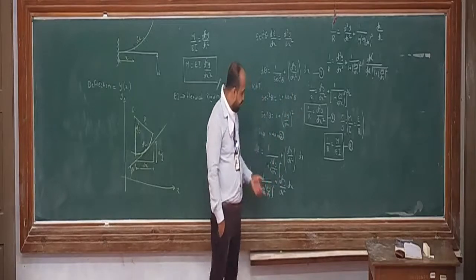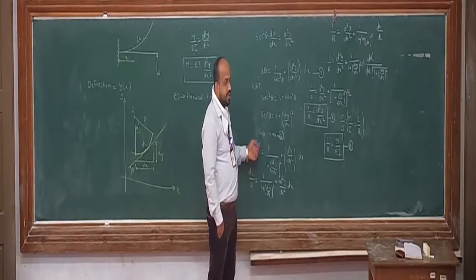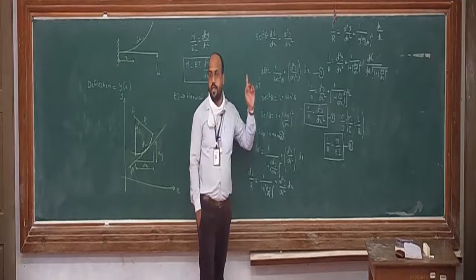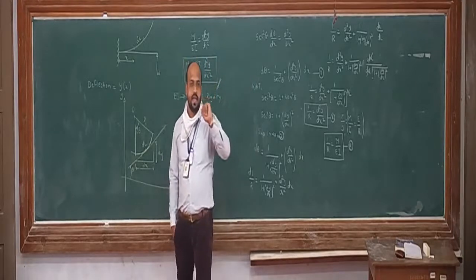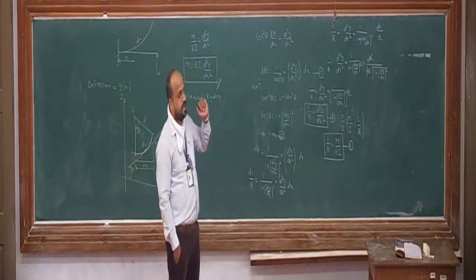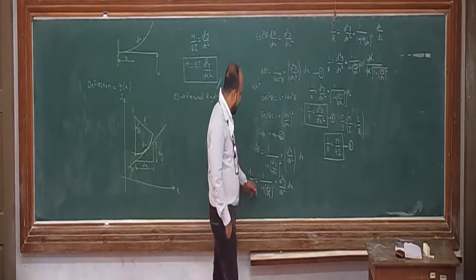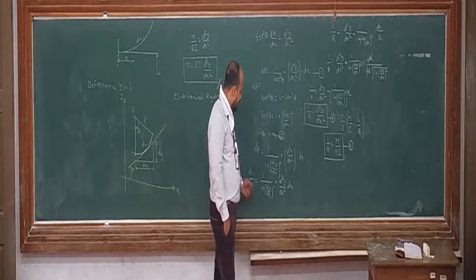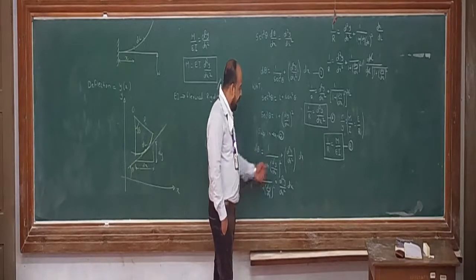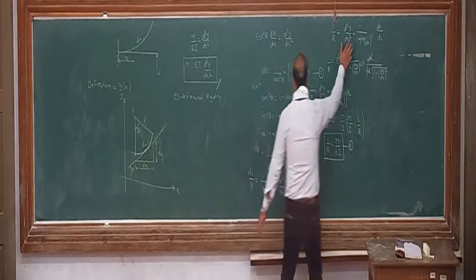Then d theta we have also found from r into d theta equals dl. So d theta is nothing but dl by r. So dl by r I will get here as it is. Then 1 by r I want, so dl I will send to this side, which is shown here.